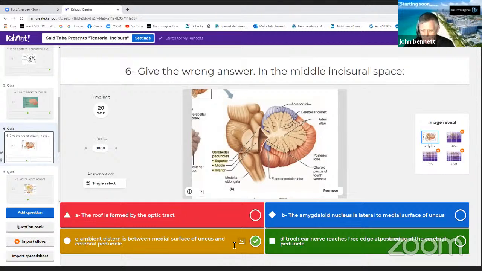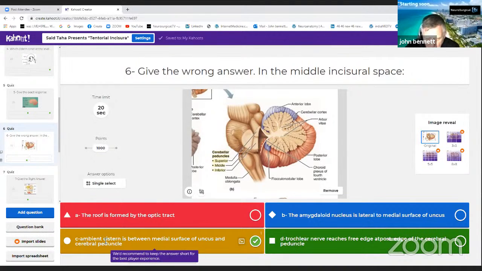Crural. Okay, where do you want to put cerebral peduncle? No. The ambient system, like we replace it with the crural system. Okay, what do you want me to write there for C? C, yes, like we change ambient by crural.